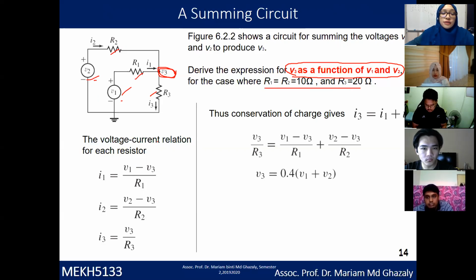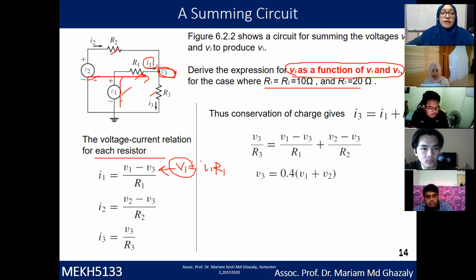First, using the voltage-current relationship, get the value for each resistor. First get the value across this. V1 equal to IR, so I1 over R1, and then rearrange it, you get I1 equivalent to V1 over R1.